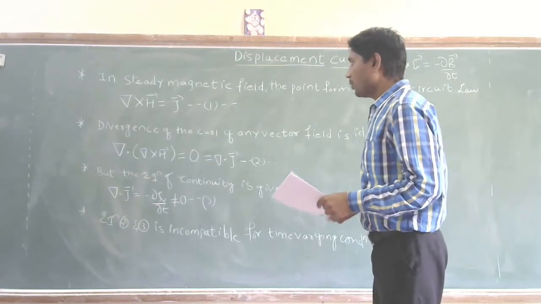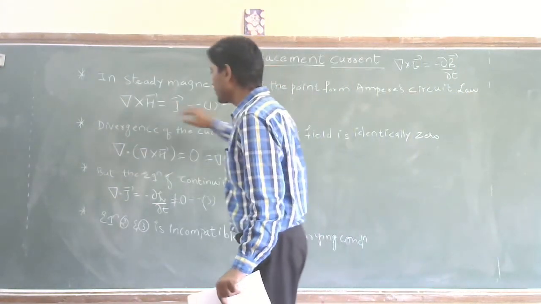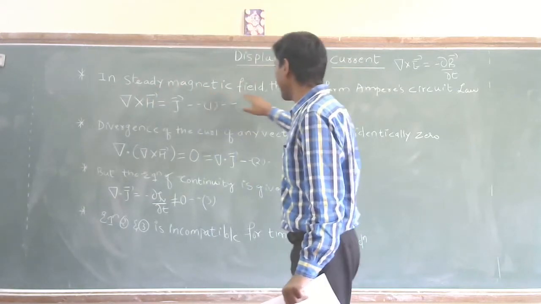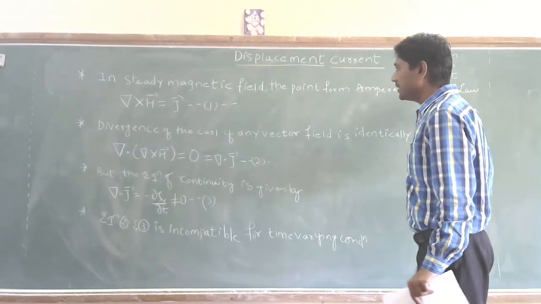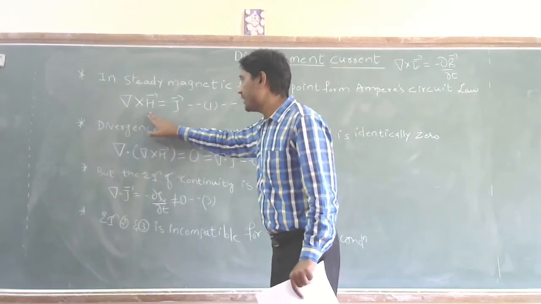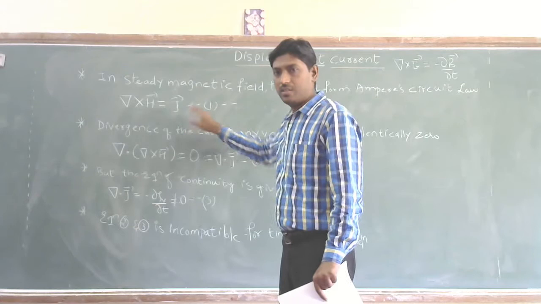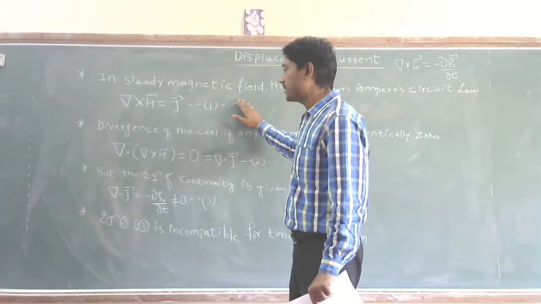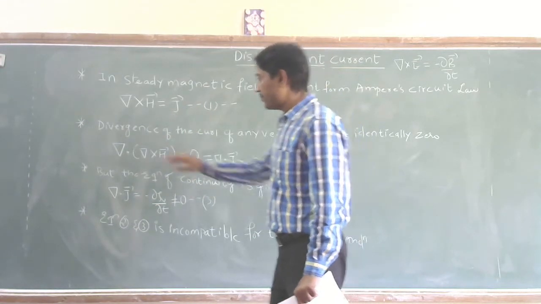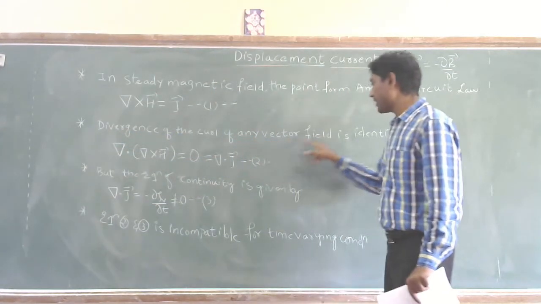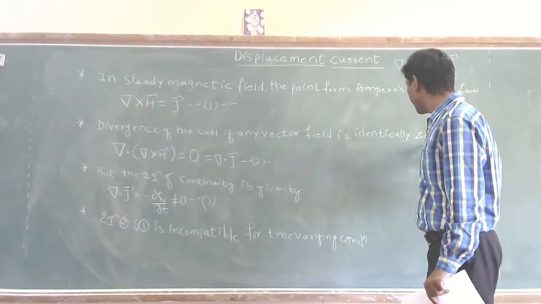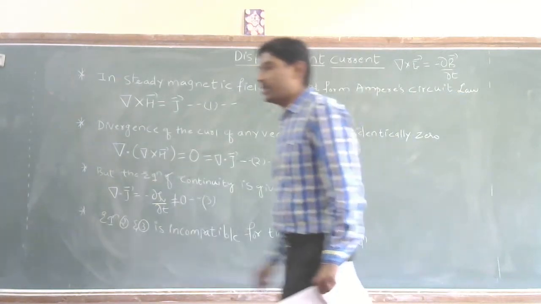So let's begin. We know that in a steady magnetic field, the point form of Ampere's circuit law is given by del cross H equal to J. This is a known fact to us. Next, we know that the divergence of the curl of any vector field is identically 0.